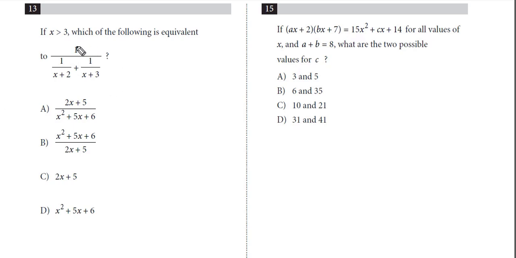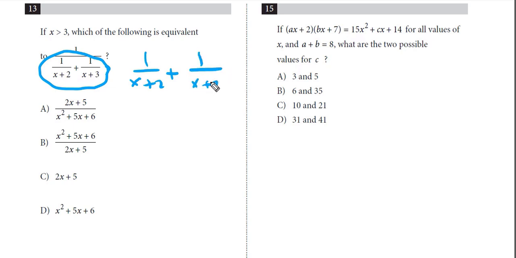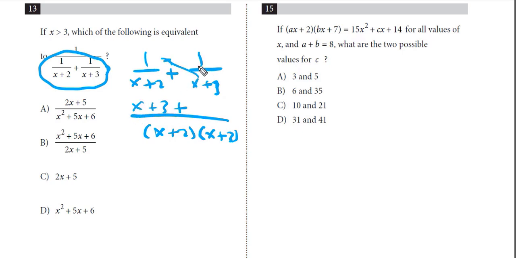But if you have 1 over this quantity, then you can evaluate this quantity 1 over x plus 2 plus 1 over x plus 3. By doing a common denominator, you will multiply x plus 2 times x plus 3, and here you multiply 1 by x plus 3 plus 1 times x plus 2.